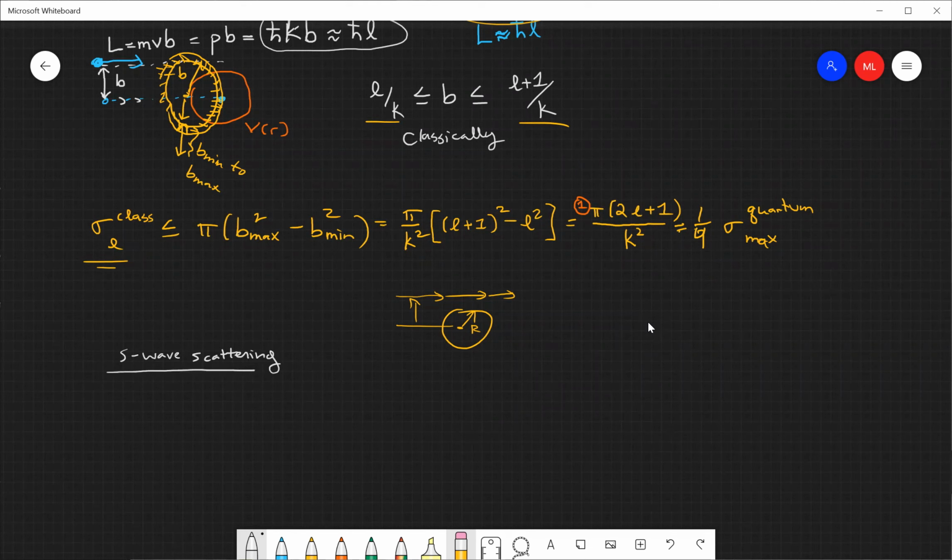And S wave scattering is important because it's the closest you get to just 1D scattering. This is very simple because your Schrodinger equation then just reduces to a 1D Schrodinger equation. There's no longer any of those angular momentum terms in there.